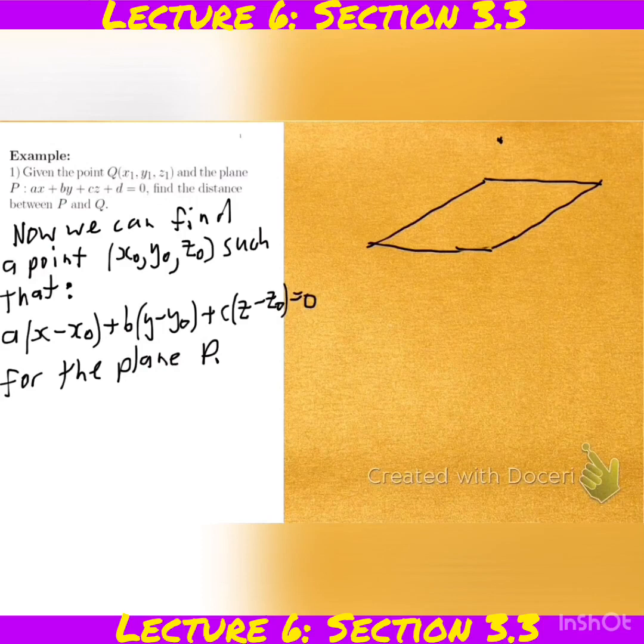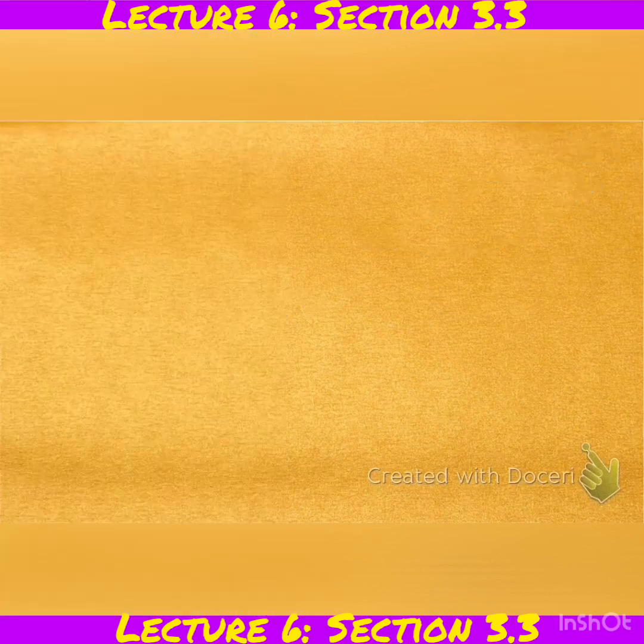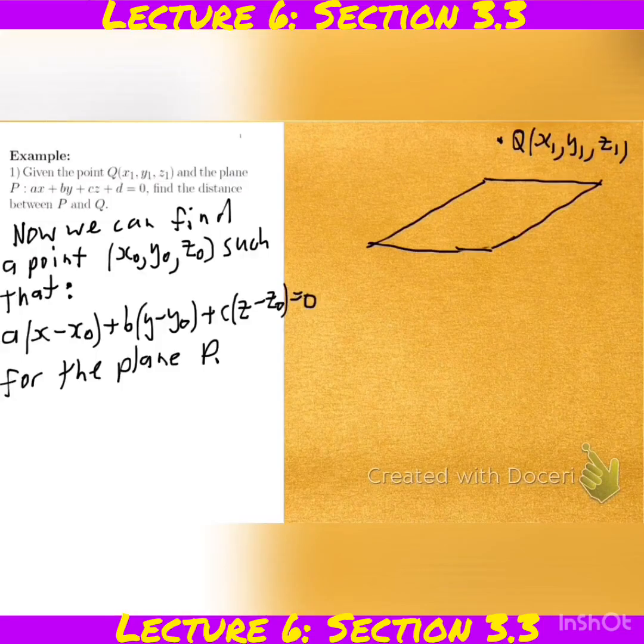Let's call that Q, and Q is the point x1, y1, z1. Then we've got somewhere on this plane the point x0, y0, z0. And we want to find the distance between the plane P and the point Q.